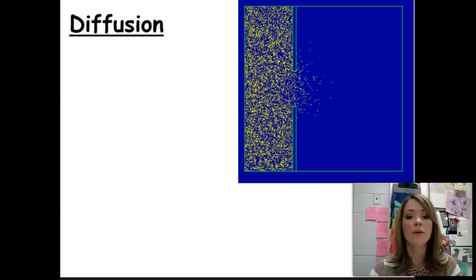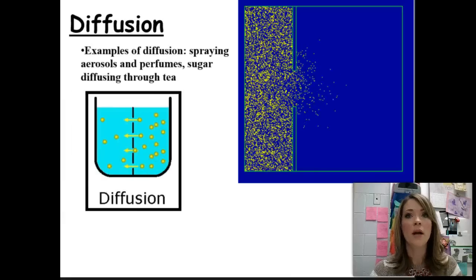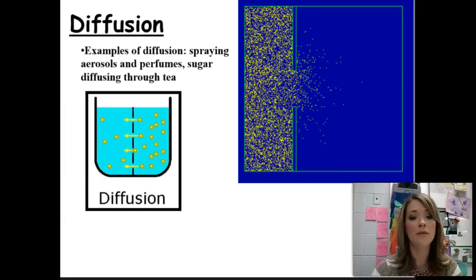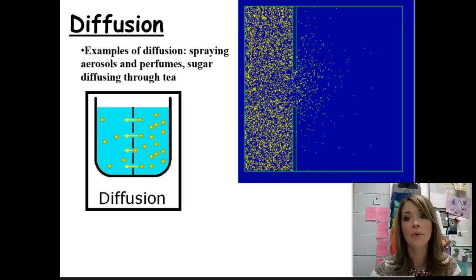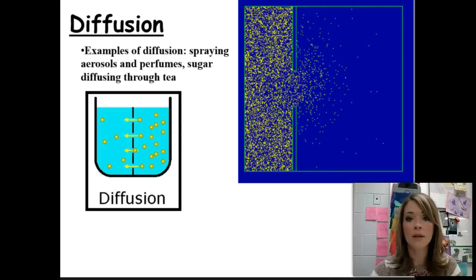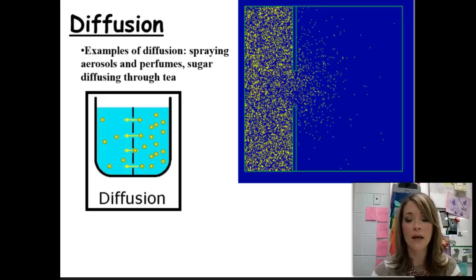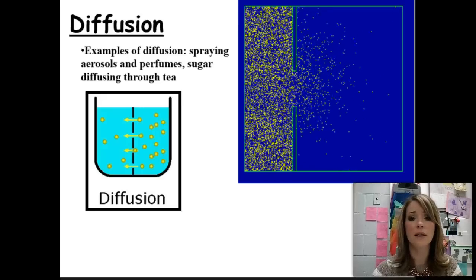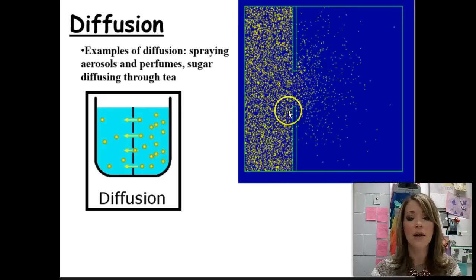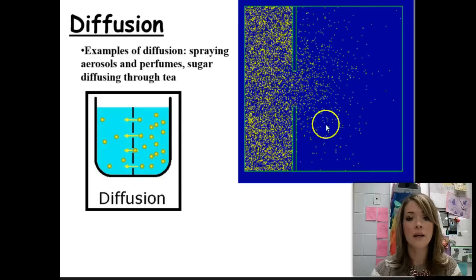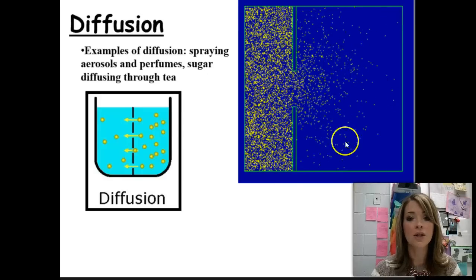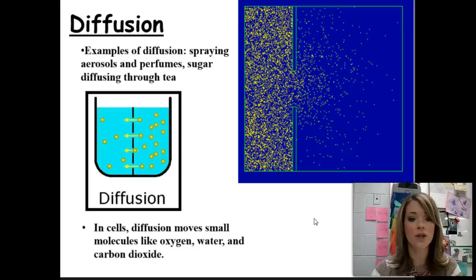Some other examples would be if you are spraying an aerosol or spraying some kind of a perfume, that scent is going to diffuse through the air. When you put sugar or even creamer into coffee or tea and stir that up, that's going to diffuse. It's going to slowly move. You can see here in this little diagram that those particles are slowly diffusing from an area of high concentration to an area of low concentration.